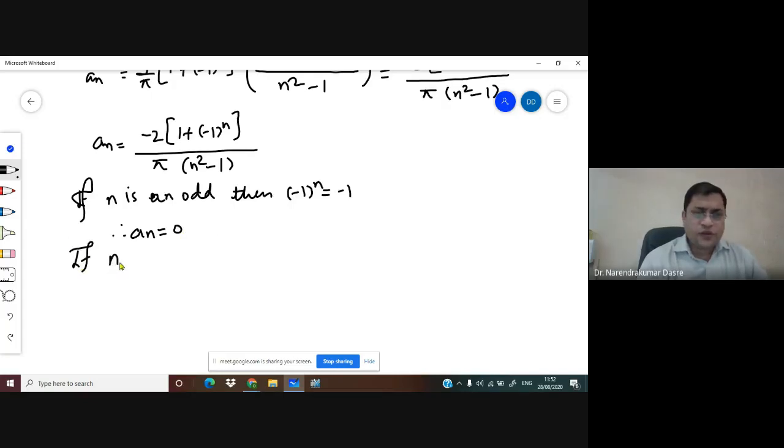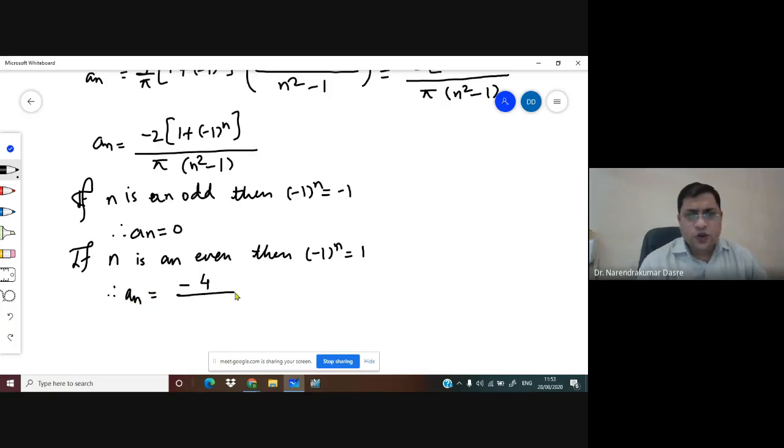And now if n is even, then minus 1 raised to n is equal to 1. Okay. So if it is going to be 1 here, then 1 plus 1 is 2, 2 into minus 2. So we have an is equal to minus 4 upon pi n square minus 1.